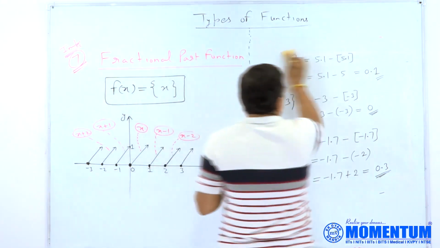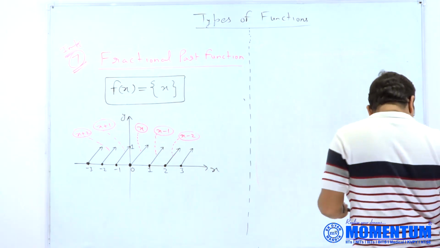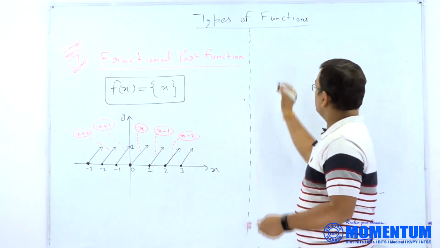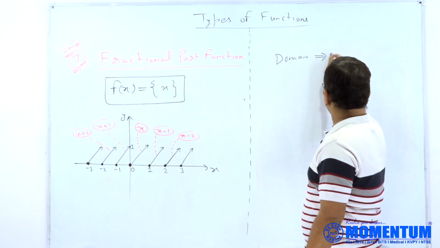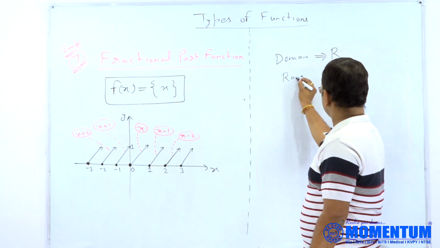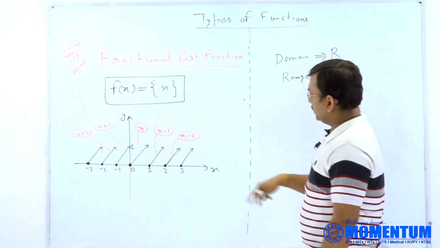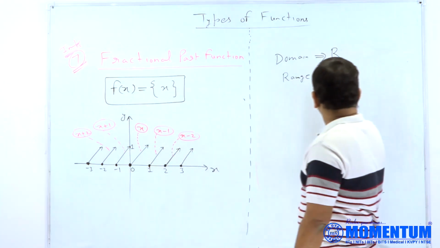Now, from the diagram, we can write domain as well as range. So tell me domain. What is domain? It is clearly set of all the real numbers. Range. On the y-axis, what's the minimum value? 0. And what is the maximum value? 1.